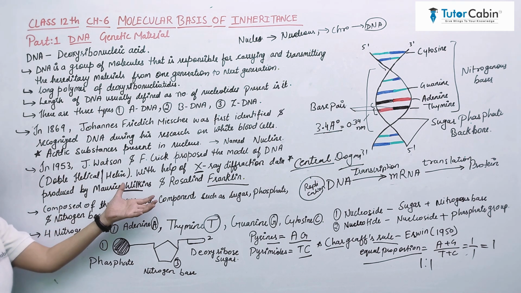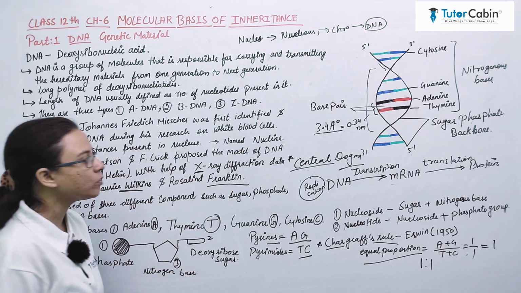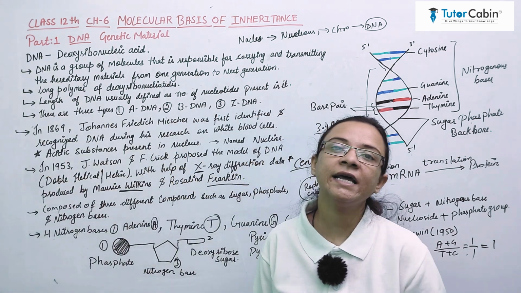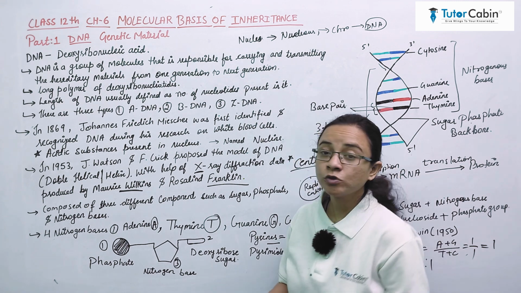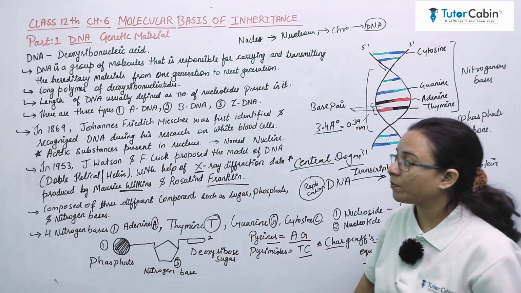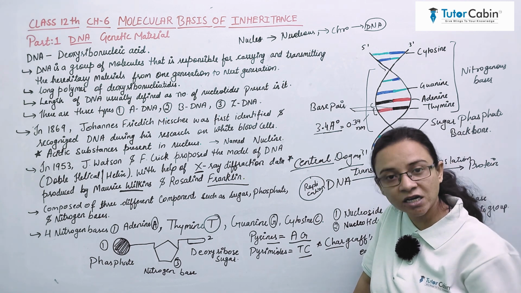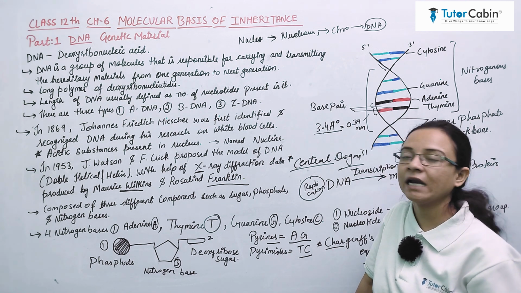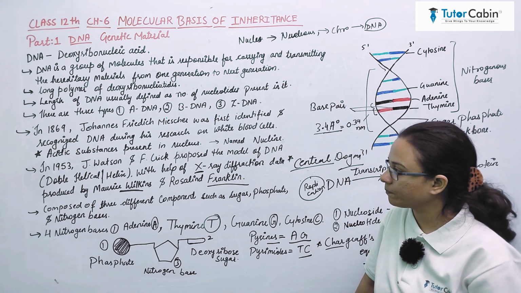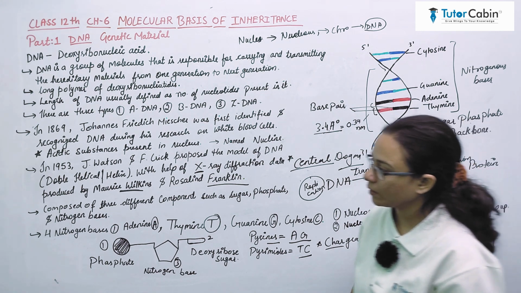With the help of these data, Watson and Crick proposed the model of the DNA double helical structure. So many questions arise on who proposed the DNA double helical structure. Watson and Crick proposed the model of the DNA double helical structure. Okay.